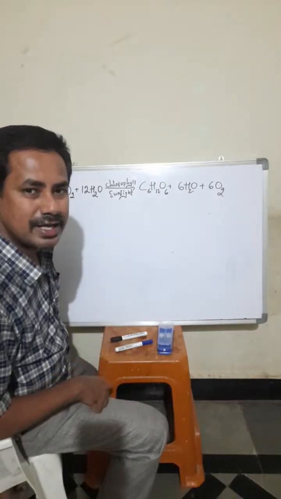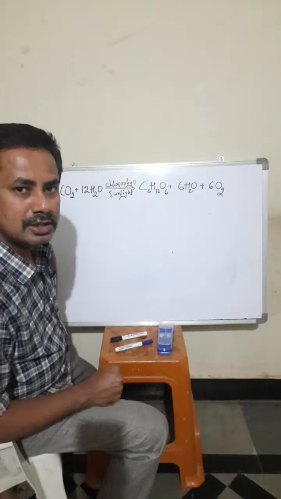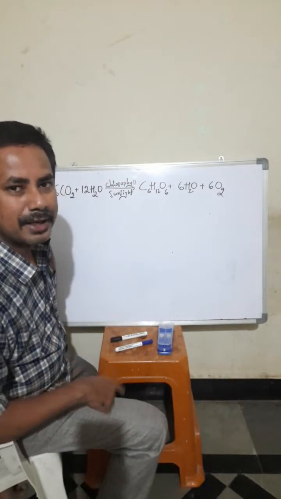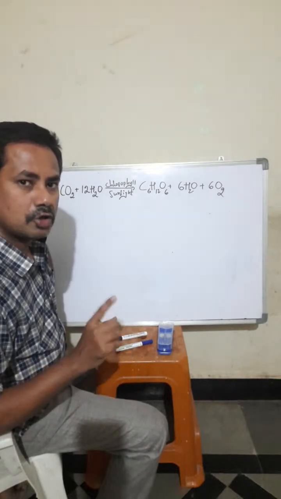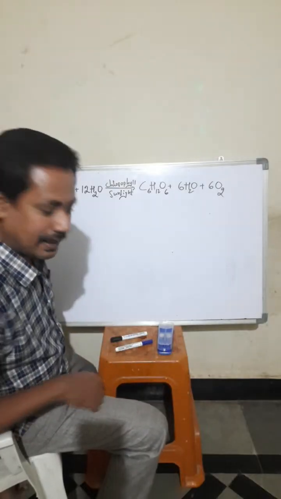That condition is known as chemosynthesis. With the help of chemicals they prepare the food. Some bacteria use sunlight. So autotrophs are not only green plants, students, a few microorganisms can also prepare their food.